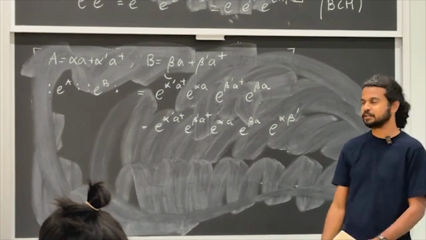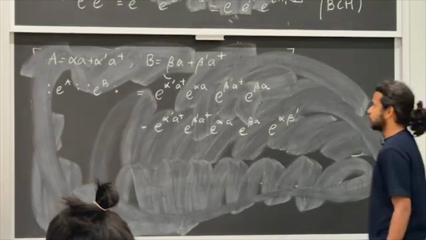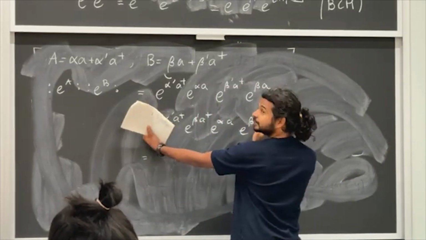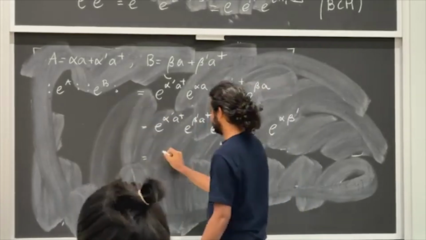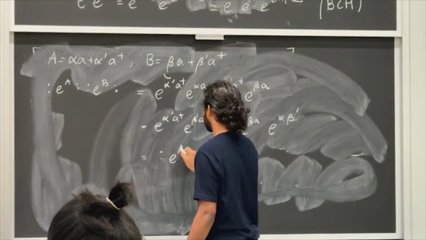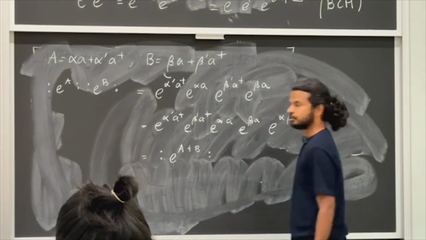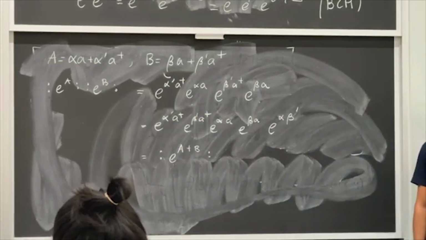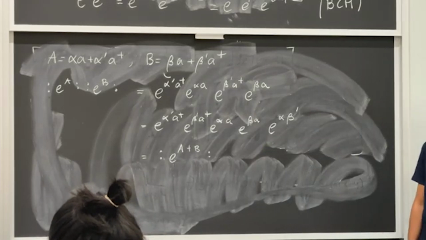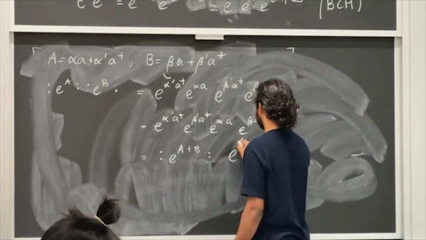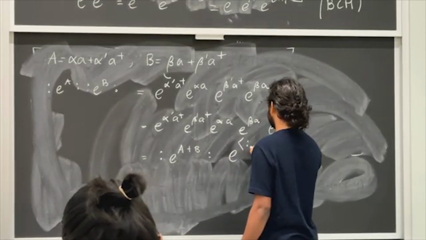Yeah, just numbers. So what is this bit? This bit is nothing but the normal ordered e to the A plus B. And what's alpha beta prime? It's the expectation value of normal ordered AB.